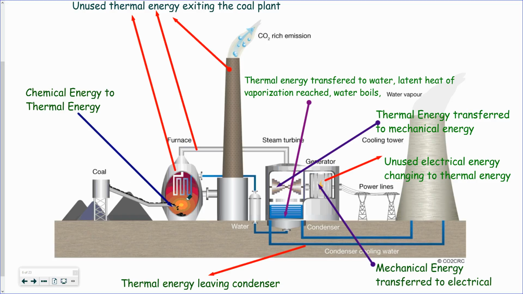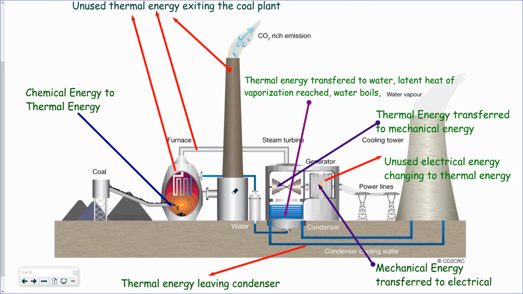That thermal energy is transferring through the furnace, through the tube here, into the steam turbine. However, not all of that thermal energy will make it from the furnace to the steam turbine. A lot of that thermal energy will leave the system and go out into the surroundings, in this case, the atmosphere.